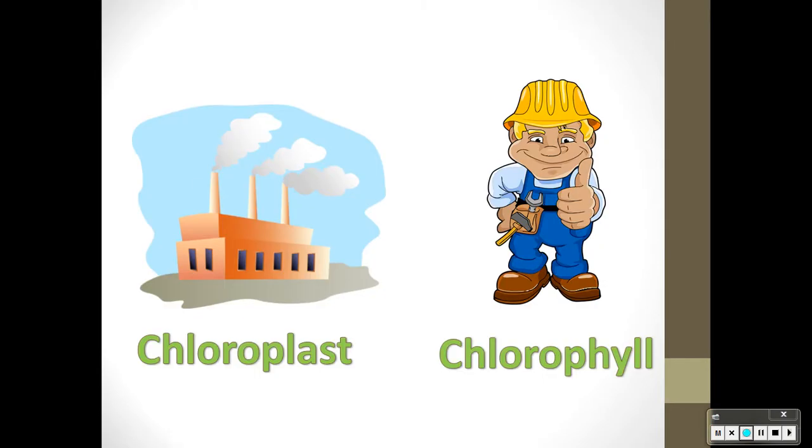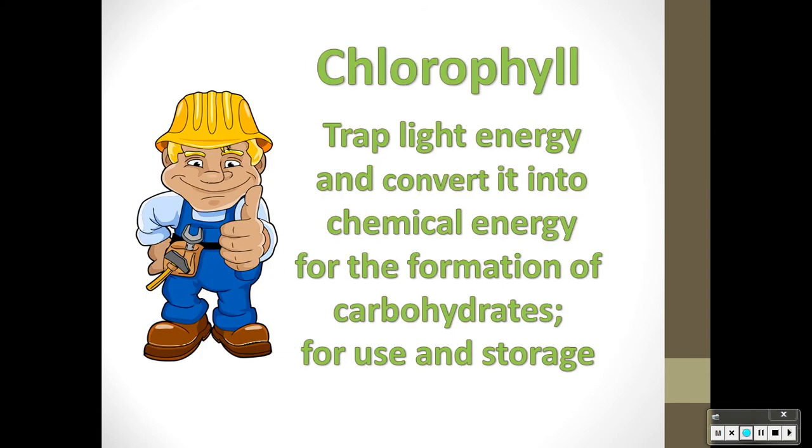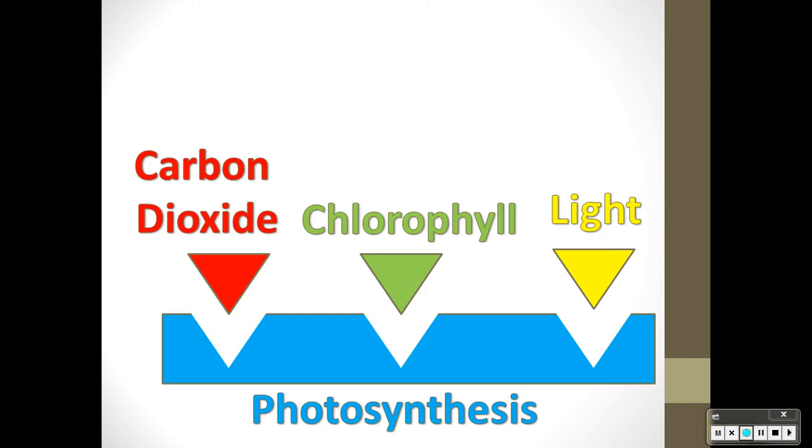Point to note, chloroplast is the building, chlorophyll are the workers on the inside. Cambridge gives you the definition of chlorophyll: they trap light energy and convert it into chemical energy for the formation of carbohydrates for use and storage.